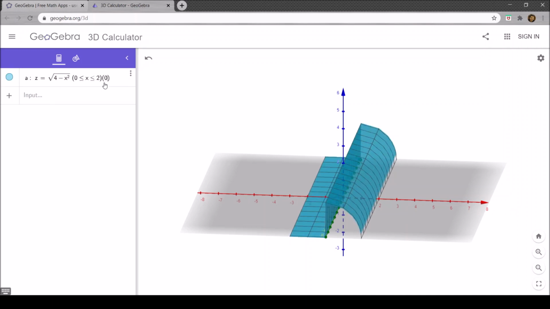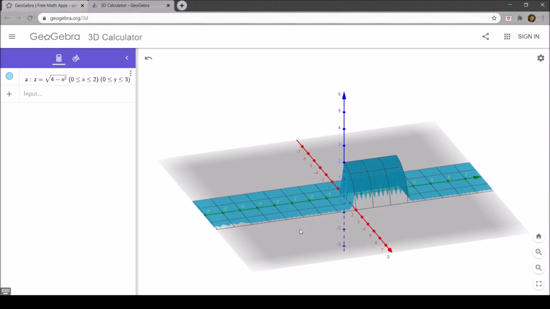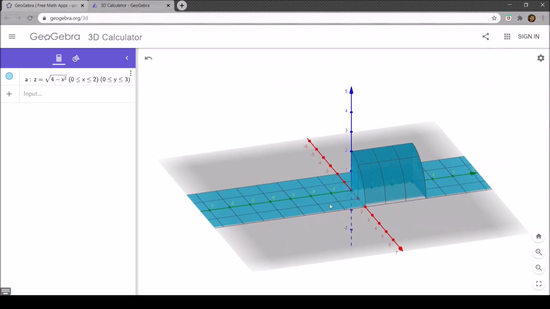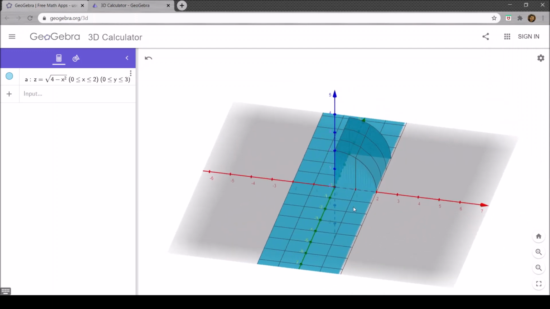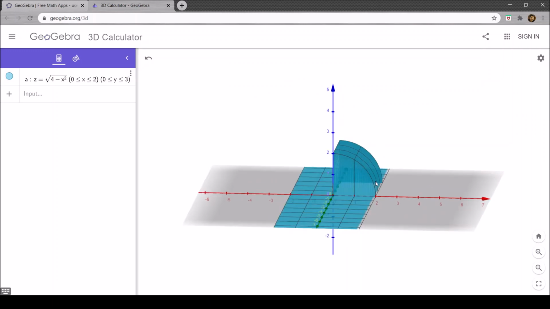So y was 0 less than or equal to y less than or equal to 3, right? Because it was in the first octant, that's why y is greater than or equal to 0, and it was bounded by the y equal to 3 plane. And now you can see this is the surface. I drew the same thing and now you can look at it over here. So you want to find the volume of this surface, the volume below this part of the cylinder.